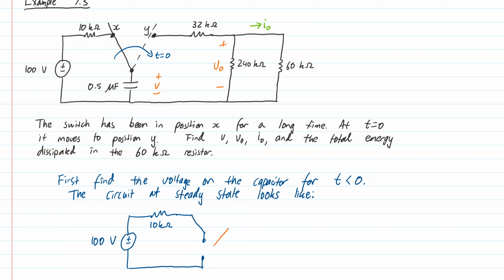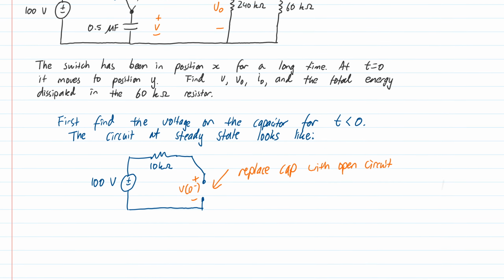We replace the capacitor with an open circuit, because that's the steady state DC behavior of a capacitor. Then our question becomes, what is this initial voltage just before the switch flicks, so the voltage at time 0 minus, just before that critical time of 0?